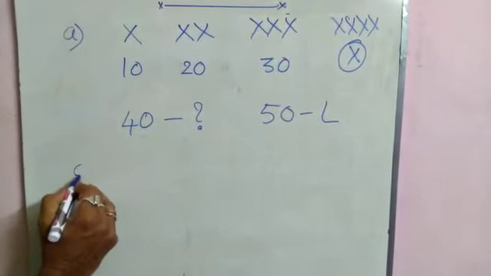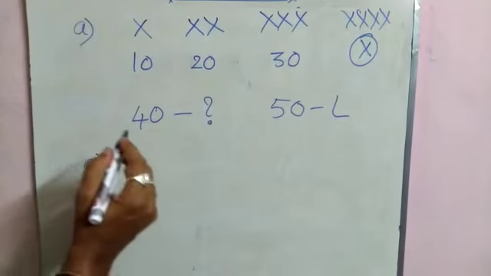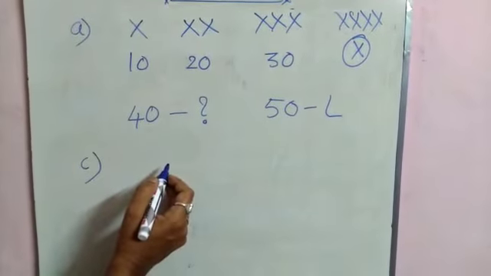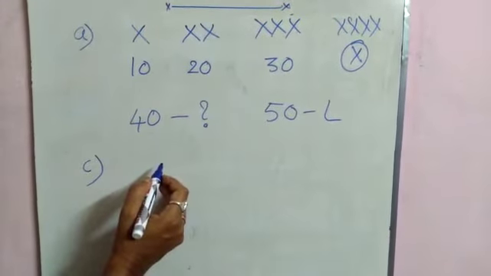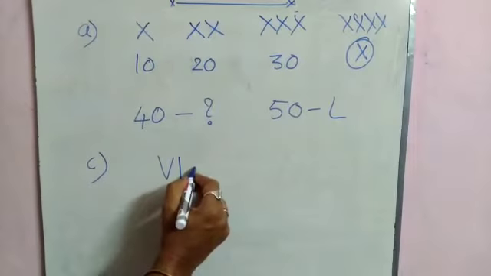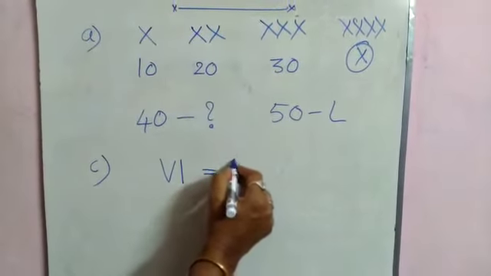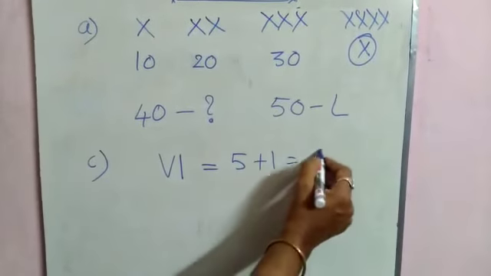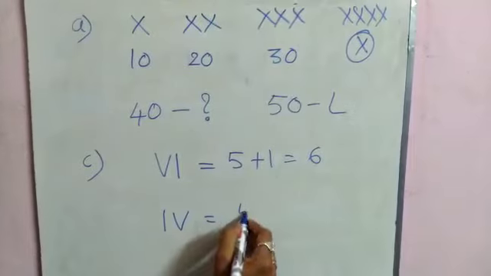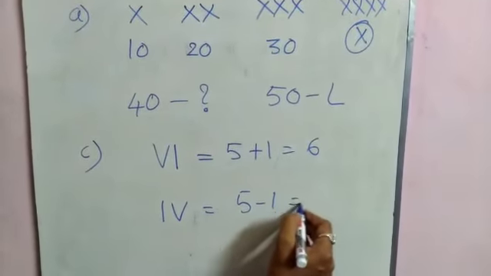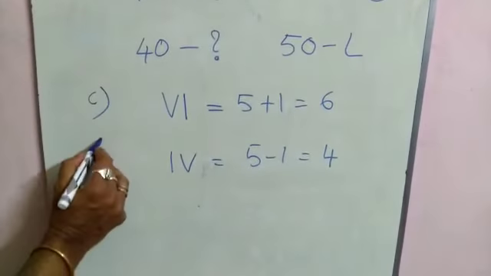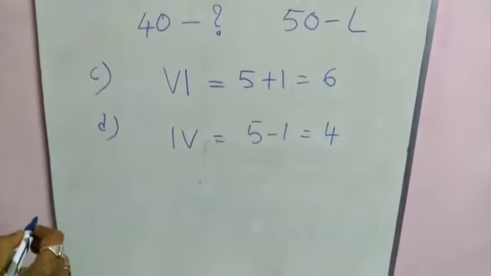And rule number 3, already I have explained: if a symbol of smaller value is written before the symbol, then if I write like this, this is nothing but 5 plus 1, that is 6. Suppose if I write like this, then this will be 5 minus 1, that is 4. I have already explained these two properties.